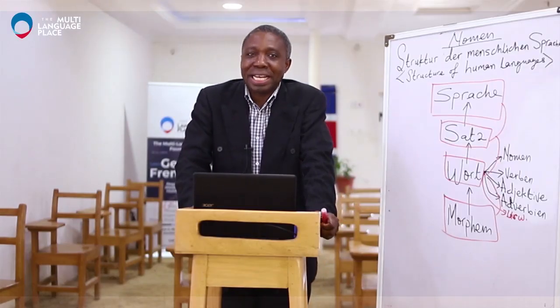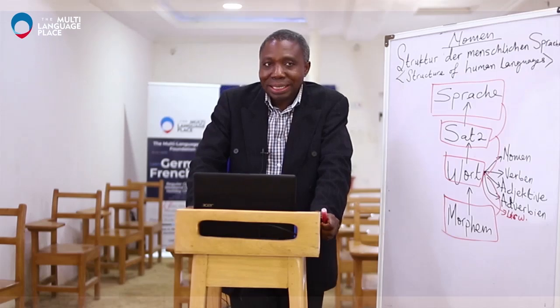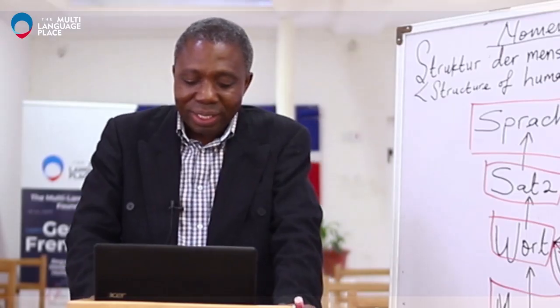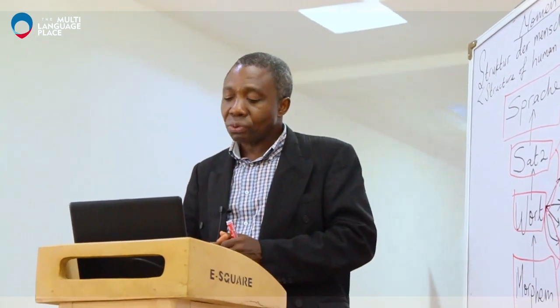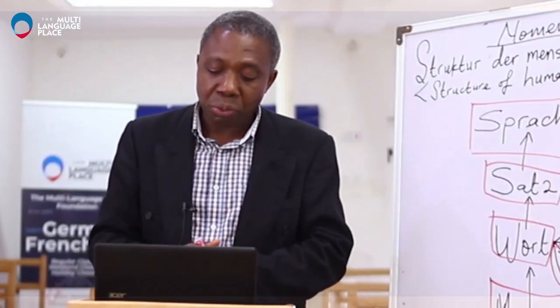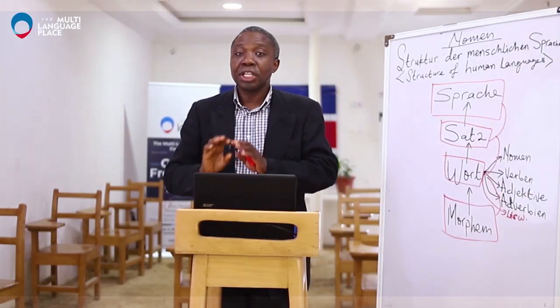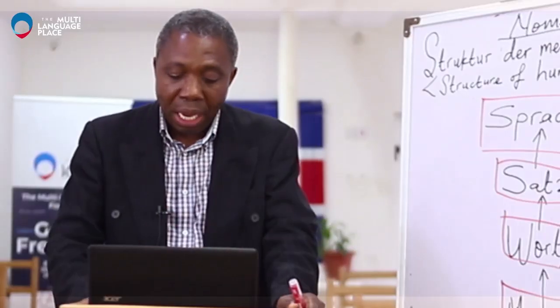The next thing is that you need to learn the nouns together with their articles. As we said during the last lesson, learn the nouns together with their articles. Remember, we have masculine nouns, feminine nouns, and the neutral nouns. And these are the three gender markers in German. And we need to always learn them together with the noun.